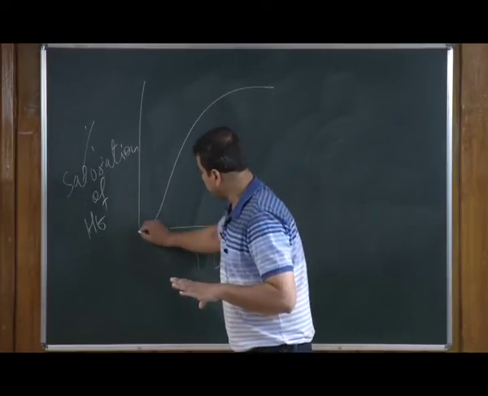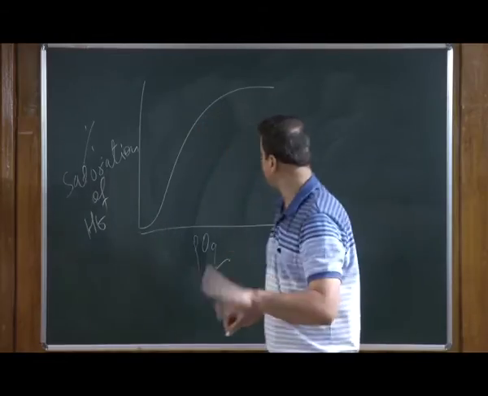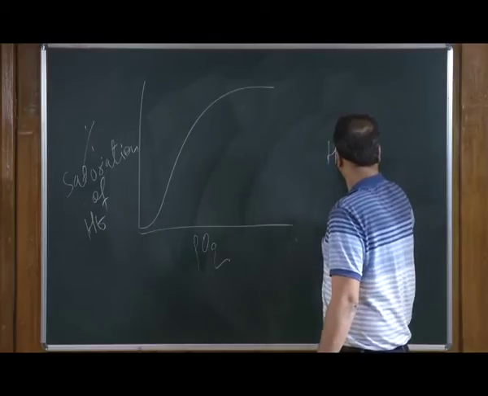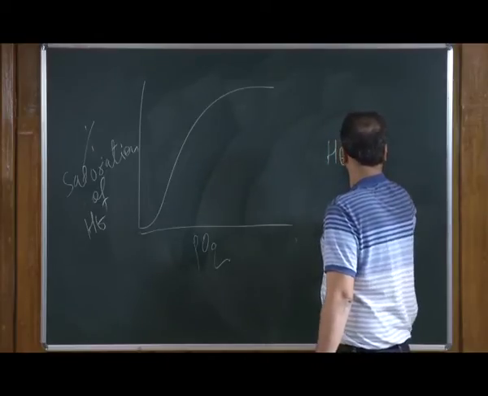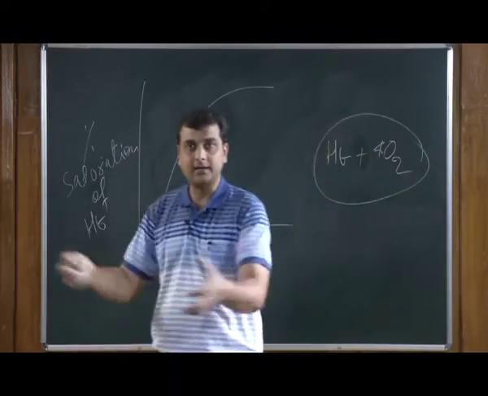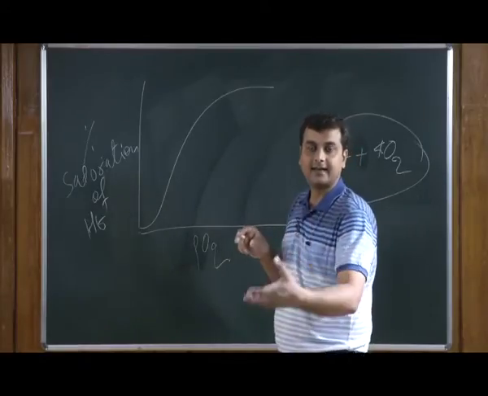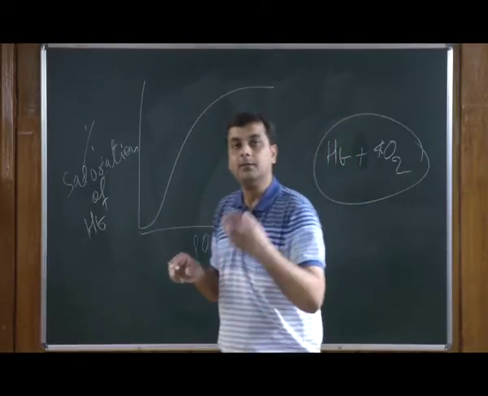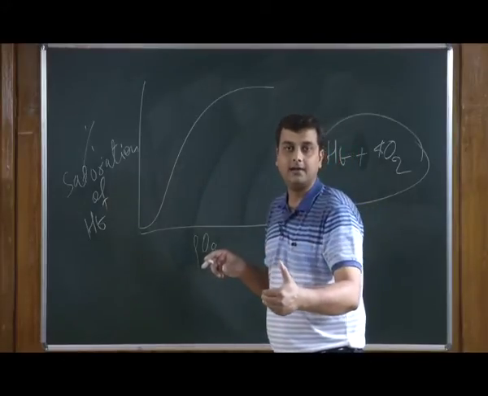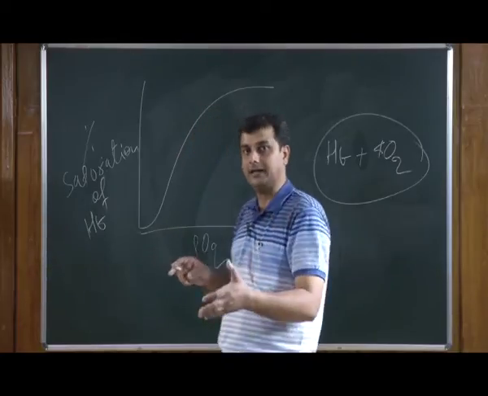Now, one hemoglobin can bind a maximum of 4 oxygen molecules, but this is not one time. The binding of one oxygen will be first, and then second, then third, and then fourth subsequently. But the binding of one oxygen will increase the second binding, will further increase the third binding, will ultimately increase the fourth binding, like that.